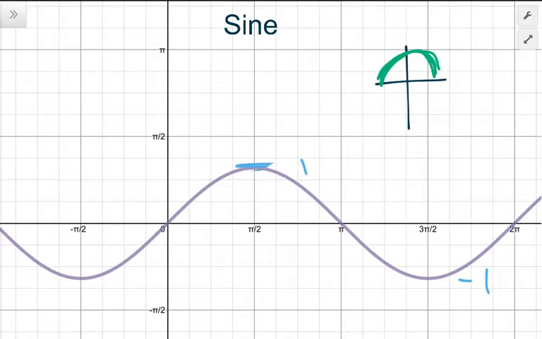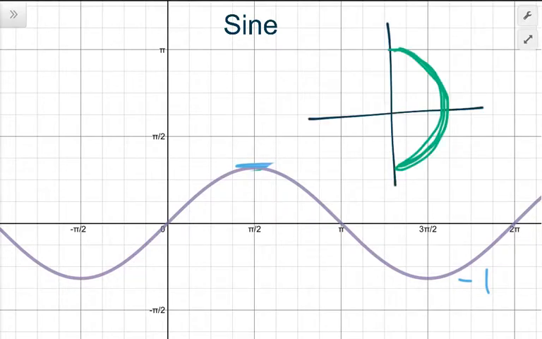So when we restrict our sine function, when we're looking for our inverse function, we restrict it differently than what might be intuitive.